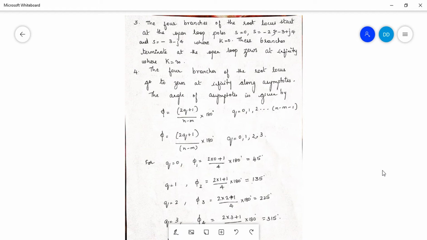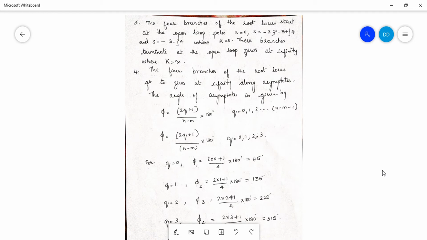At those points our k value is equal to 0. Since we don't have any open loop zeros, these 4 branches will terminate at a zero which is located somewhere at infinity. At that value, k is equal to infinity.